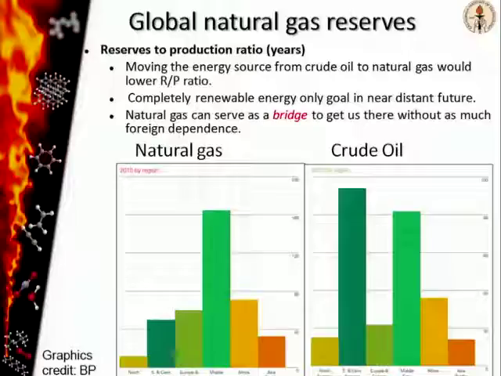But the message I'm trying to get across is that since natural gas is more abundantly available in the United States, and more is being discovered every year, it could serve as a bridge from our current energy situation to a future where we are totally dependent on renewable energy sources.